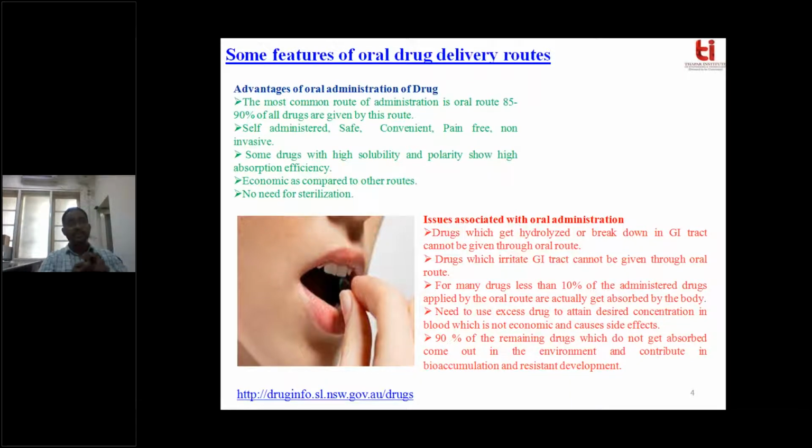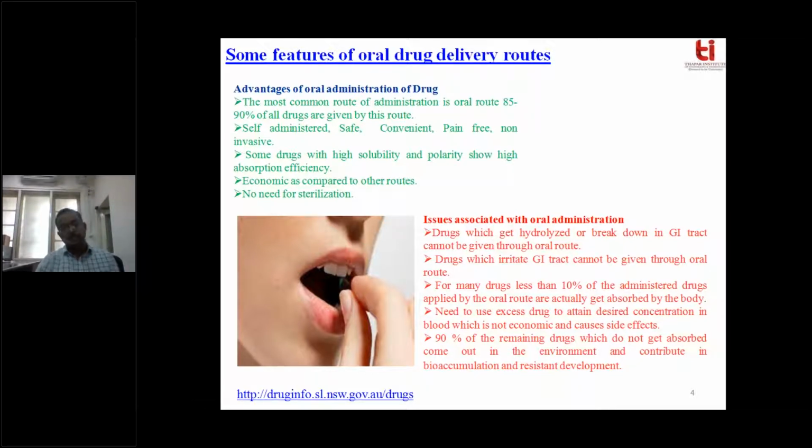So many patients with this kind of problem cannot take drugs through the oral route, and they need to choose other options. Further, it's not economical, right? You are losing 90% of the drug. So what's the way out?